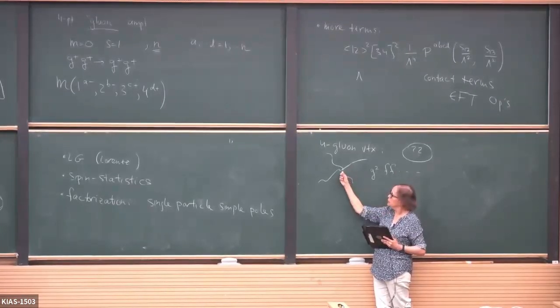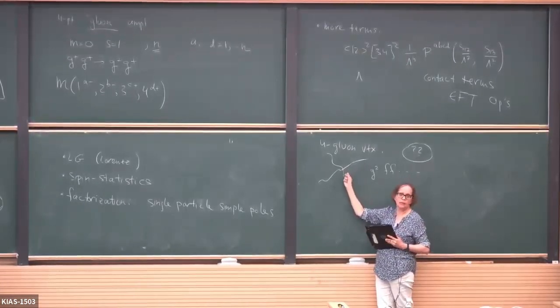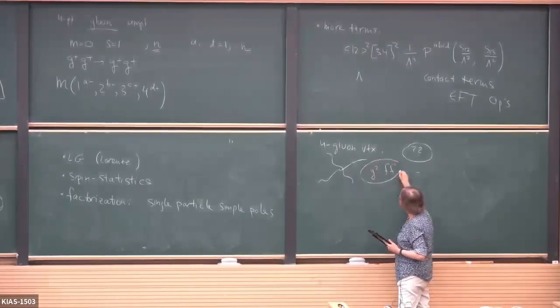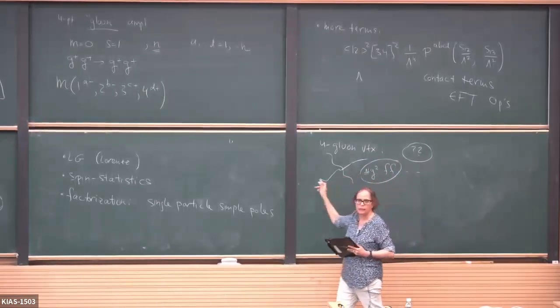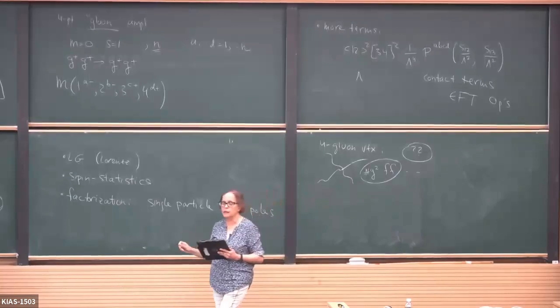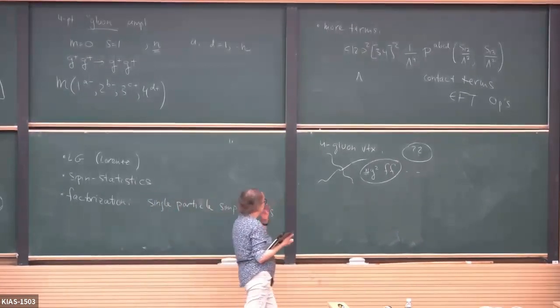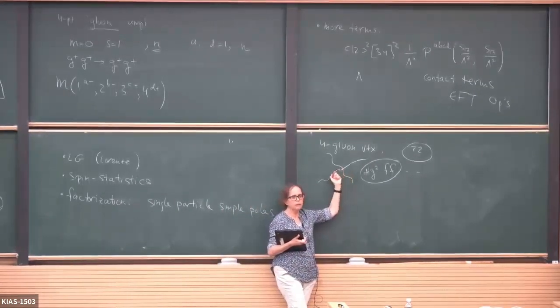And the point is that it's something that shouldn't surprise us too much. Because remember, this vertex is completely dictated by the gauge invariance, right? The gauge symmetry tells me exactly what this coupling is. I don't have any freedom in this vertex. It's entirely determined by the gauge symmetry. So it is not an independent input in our theory.